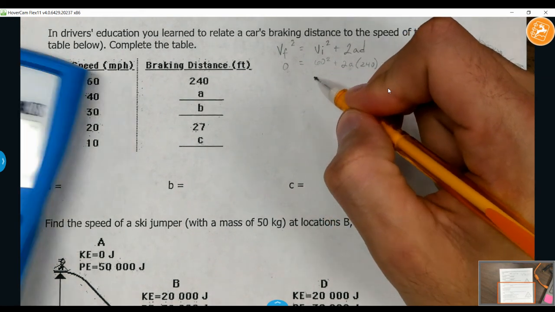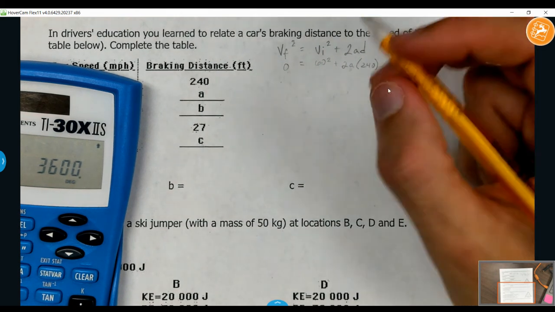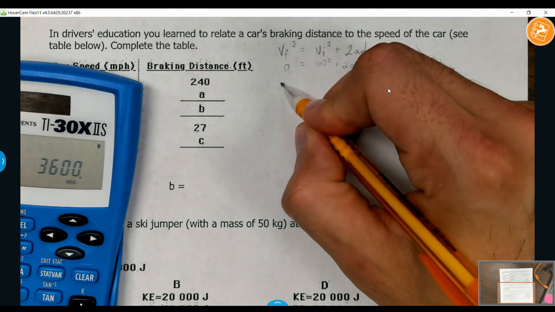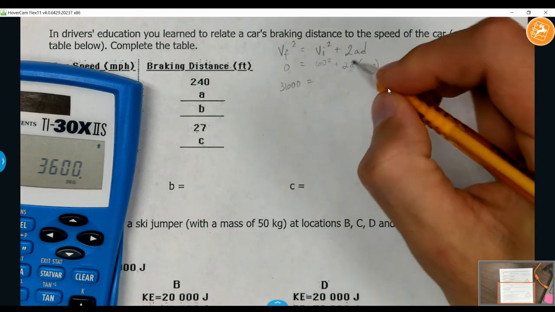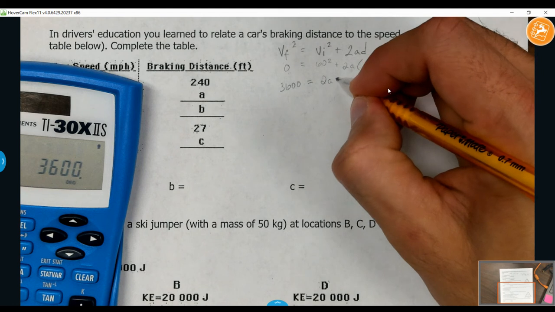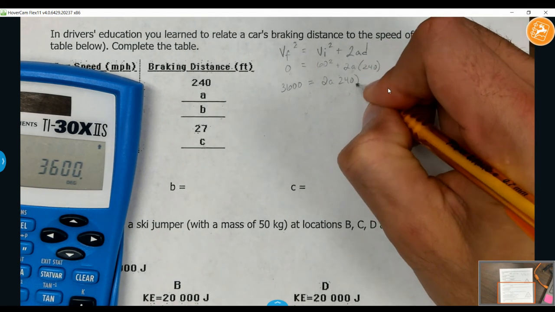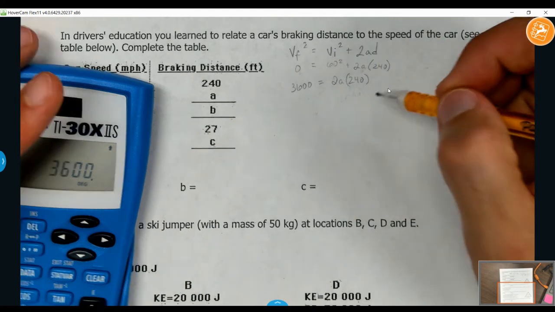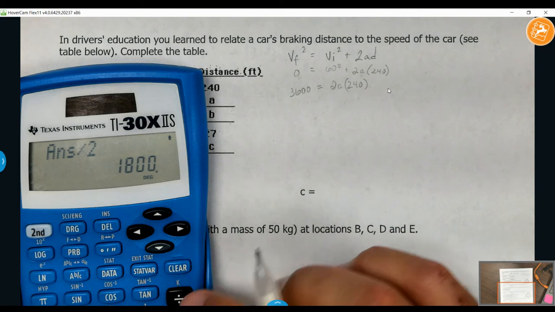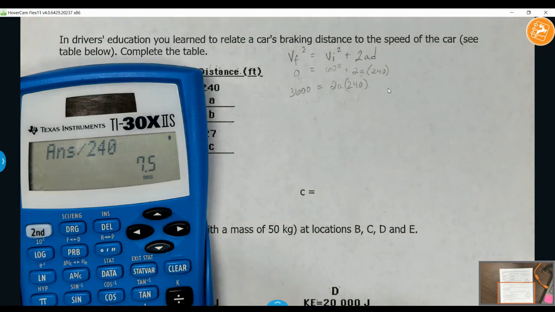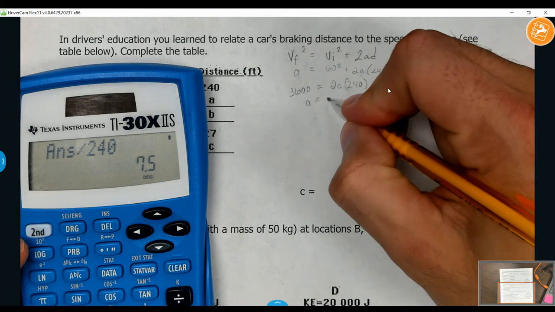So we're just going to say it's 60 squared, which is 3,600, is going to equal 2 times A times D, which was the 240. So if you take 3,600, divide it by 2, and then divide by 240, that would leave you with an acceleration or deceleration of like 7.5.